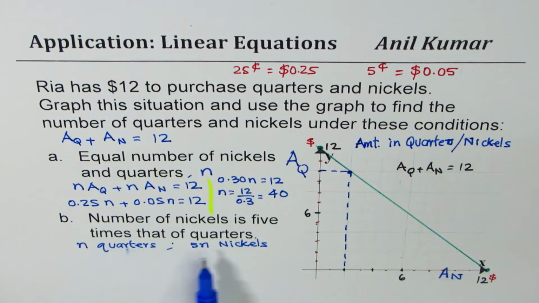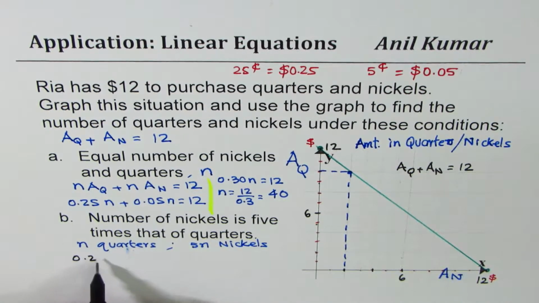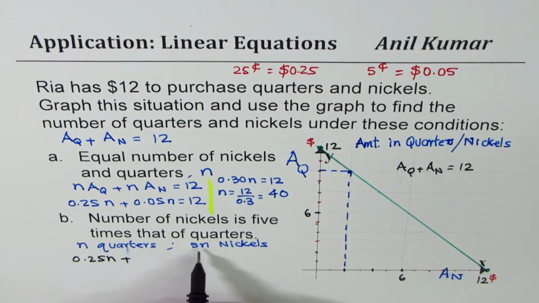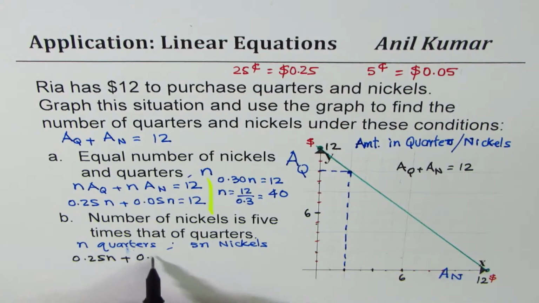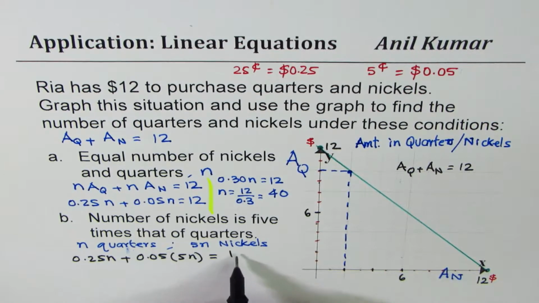So we have n quarters and 5n nickels. Now amounts will be, we have to multiply quarters with 25 cents, nickels with 5 cents. Do you see that? So it is 0.25n for quarters plus 0.05 times 5n, and the total amount is $12. Does it make sense to you?